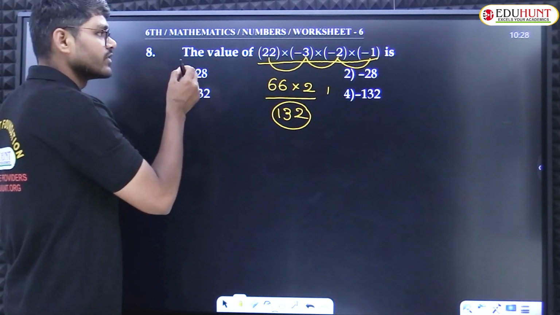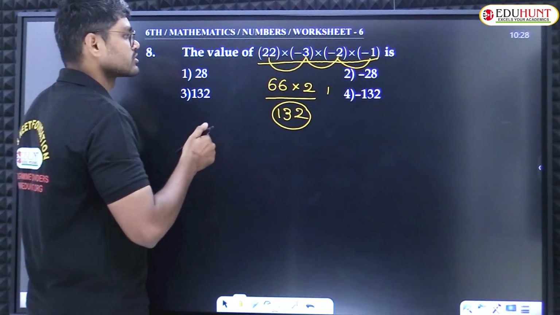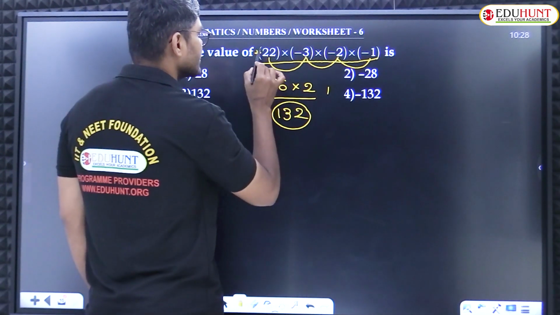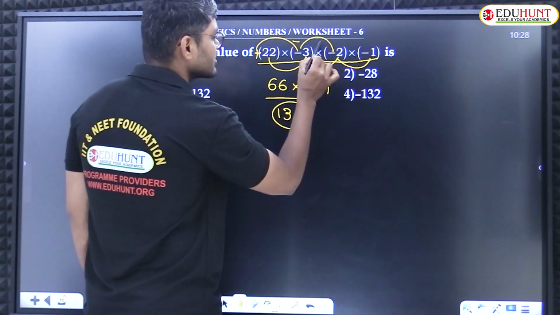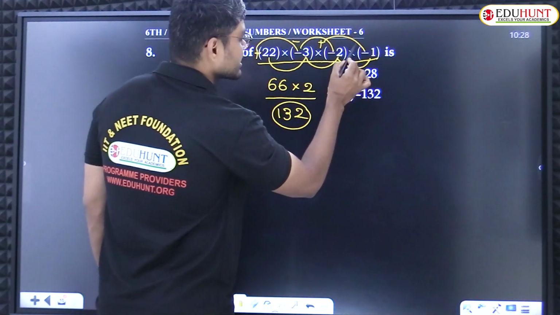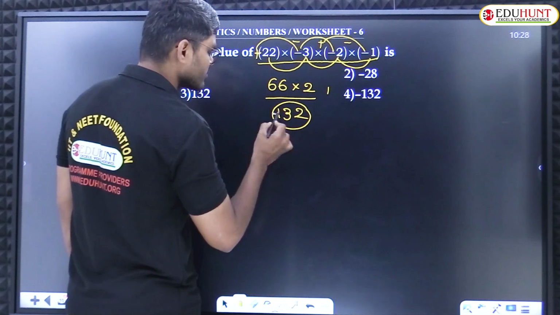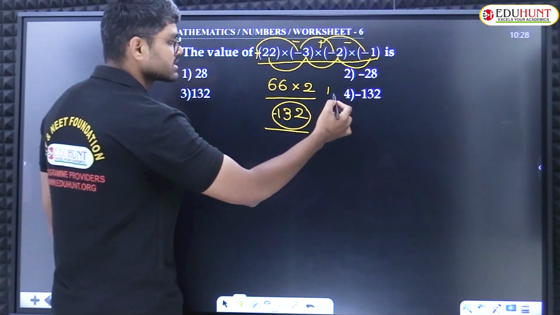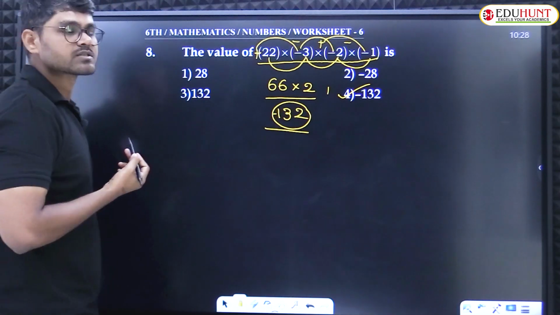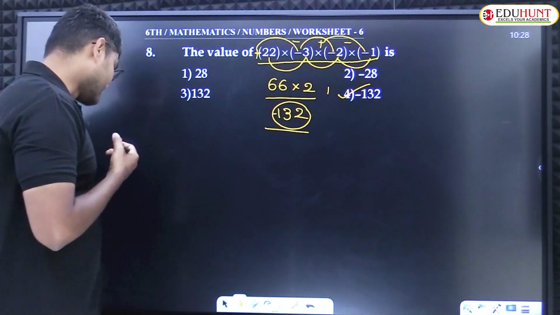Now we have to multiply the signs also. Here it has a plus sign. Plus into minus, minus. Minus into minus, plus. Plus into minus, minus. So we have to put a minus sign to the result obtained. So the answer for this question is option 4, that is minus 132. Let's see the next one.